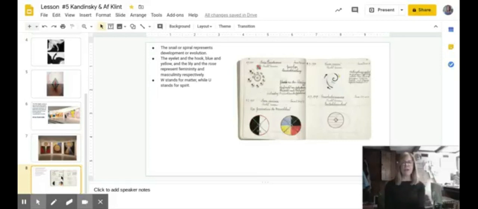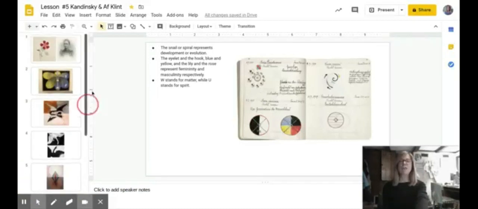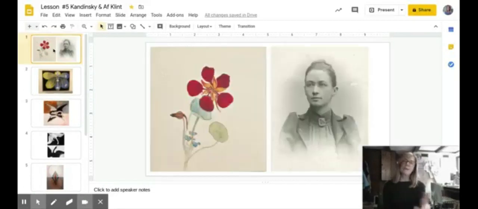years after her death. So many people call her the mother of abstraction. This can be considered a debatable term because unlike Kandinsky, who I'm going to show you afterwards, who made a decision to go from representational work to non-representational work consciously, this was a more unconscious decision that came from a different place.